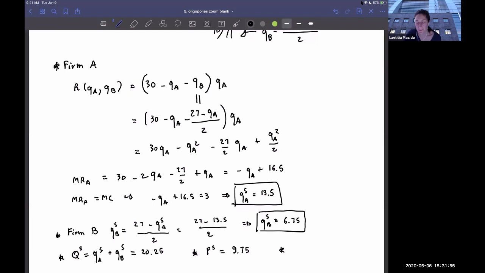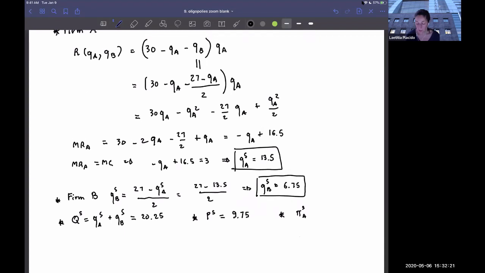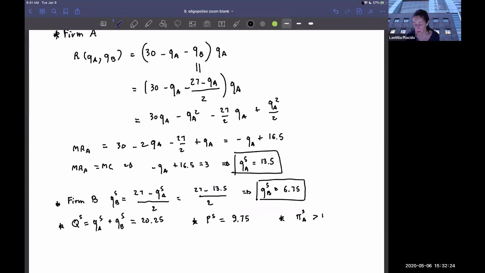Well, if you look at the quantity, you can see that firm A is producing twice as much as firm B here, okay? And these firms have the same costs. So from this observation, you can conclude that the profit for the leader of the Stackelberg, so the profit to firm A, is going to be bigger than the profit to firm B, okay?